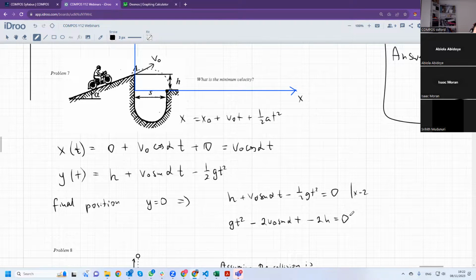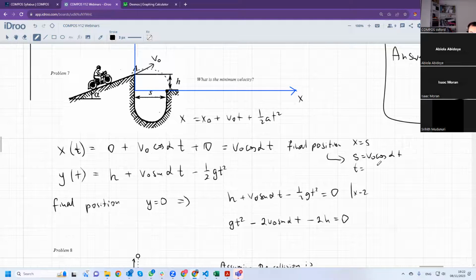Yes, I really don't want to do the quadratic. Honestly, I'm not thrilled about the idea. So before doing the quadratic, can I make my life easier by looking at this? Well, we know that when the final position is x equals s, I can get s equal to v0 cos alpha t.